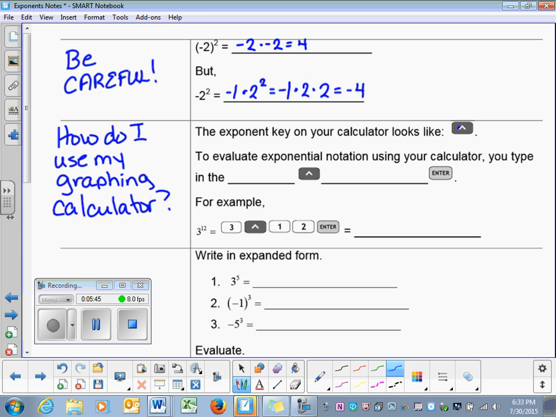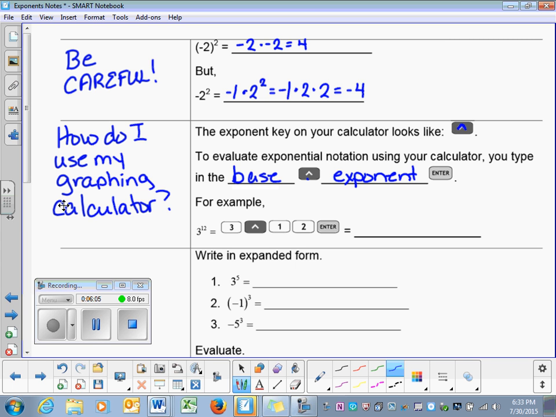This little up is called a caret, and it is directly above the division sign on your graphing calculator. Okay, so what we do is we're going to type in the base value, then we'll press the caret key, we'll type in the exponent number, and we'll press enter.